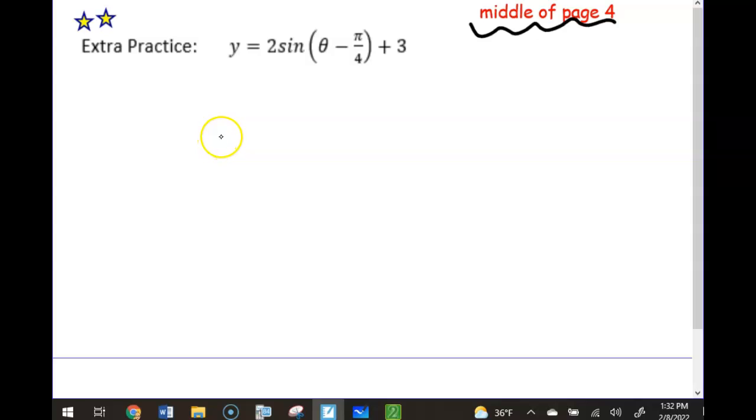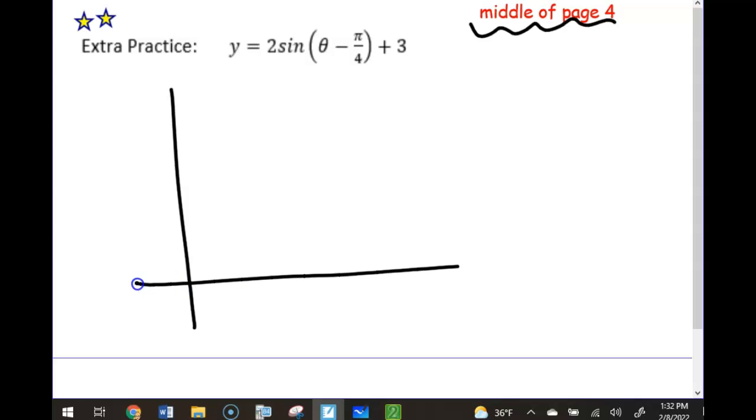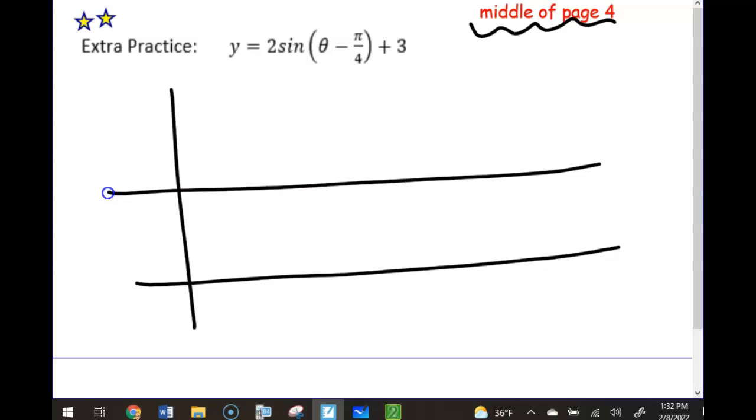So this question is on the middle of page 4. Tell me what you know. Tell me anything. Alexa? Midline is 3. Yep. I didn't make that dotted, but that's the midline here.